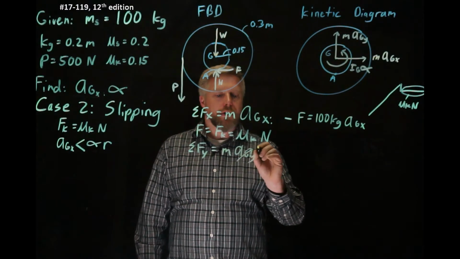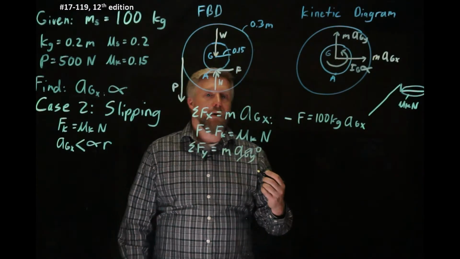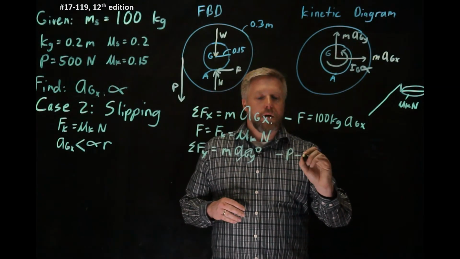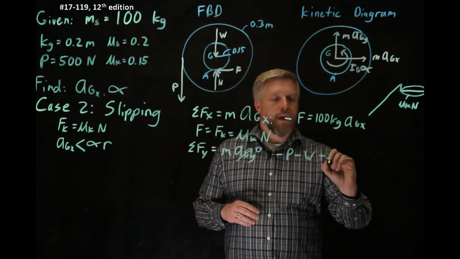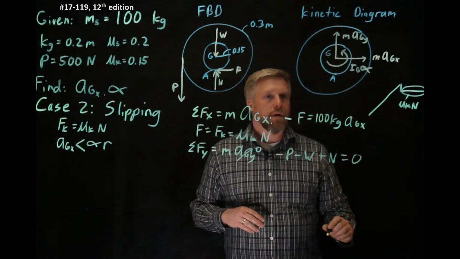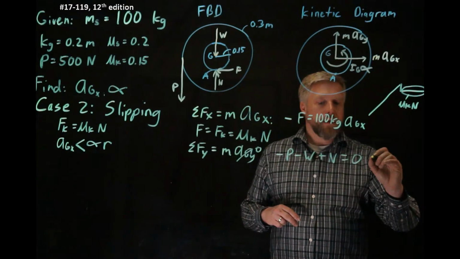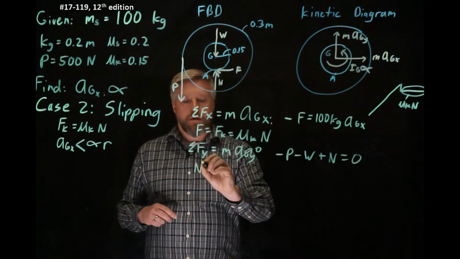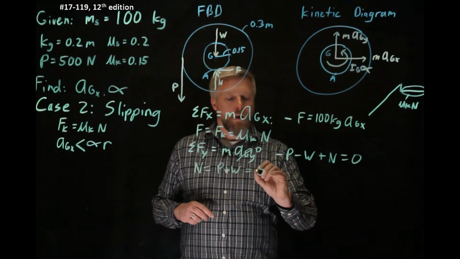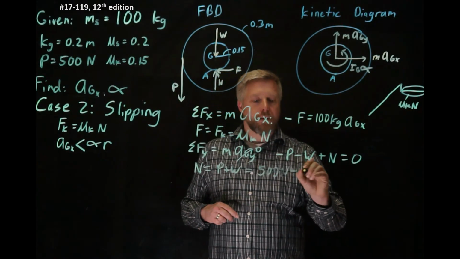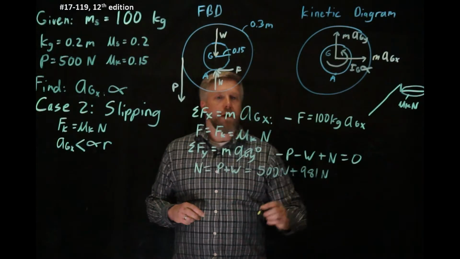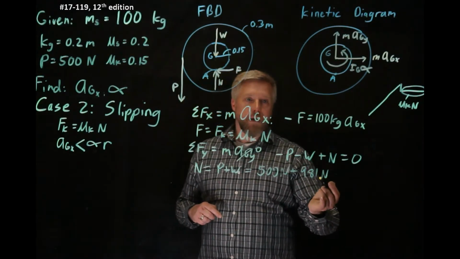We know the acceleration of the center of mass in the y direction is 0. The forces in the y, we have 3 of them: P, W, and N. Two of those are pointing down, one's pointing up, all equal 0. So that tells us that N equals P plus W. Those are both known: 500 newtons plus 981 newtons, which is just 100 kilograms multiplied by 9.81.